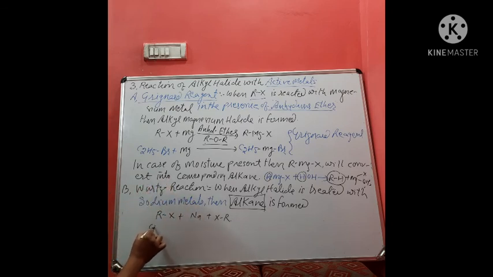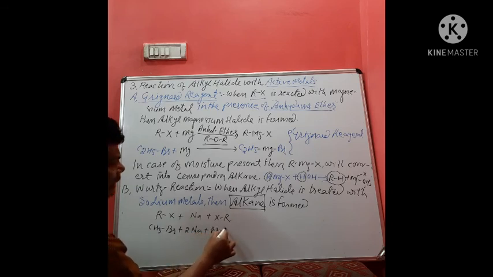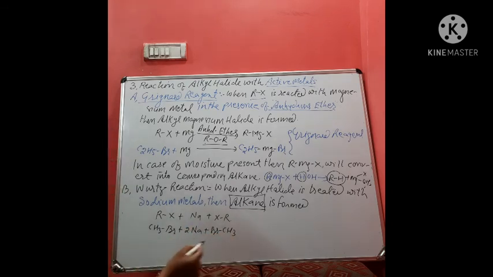Like this could be CH3Br plus 2Na plus BrCH3. That is, they must be similar alkyl halides.